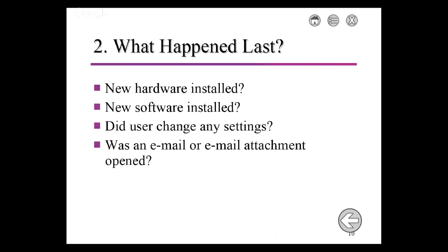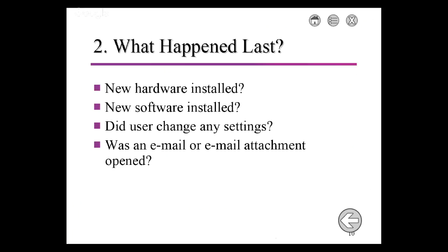Next thing you need to think about when you're troubleshooting is what might have happened just before whatever the failure was. Was something changed in the hardware, or was some new software installed? Did the person using the computer change any settings on the computer? We have to always consider the possibility that a virus or some other malware was accidentally installed on the computer from an email or downloads or something like that.